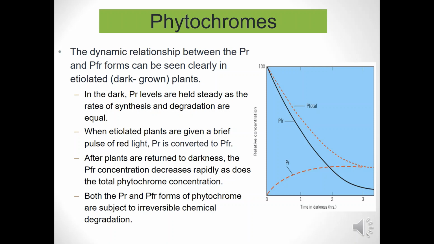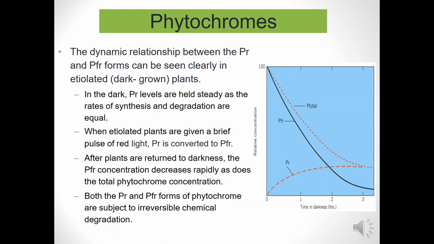And then you can see the point where the PR can be converted to PFR, where in the etiolated plant, PR will be converted to PFR. After the plant is returned to the darkness, the PFR concentration will decrease. You can see it decreased rapidly, as does the total phytochrome concentration.